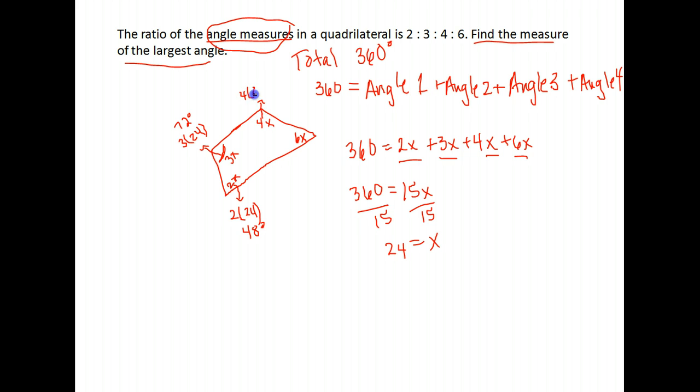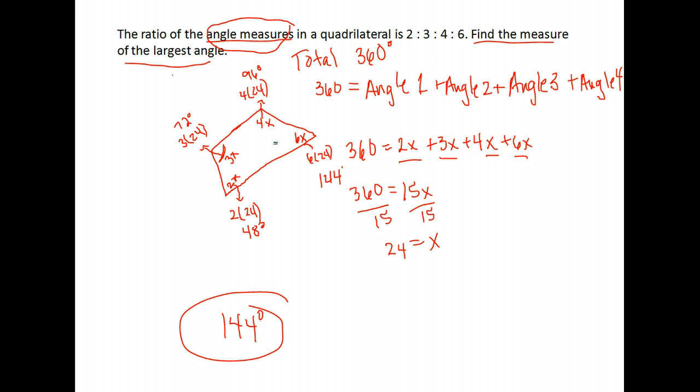So it would be 4 times 24, or 96 degrees. And our final one would be 6 times 24. This is our largest, I know because it's the 6 times, or 144. So for this example, our largest angle, that's what they wanted to know, was 144 degrees.